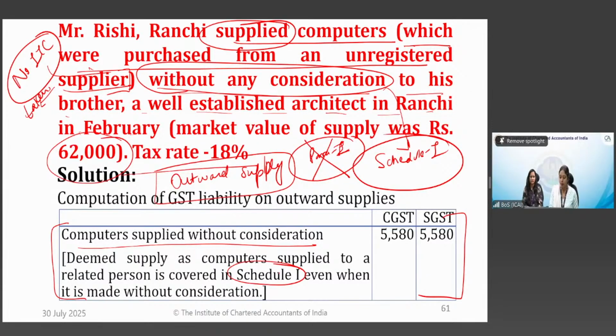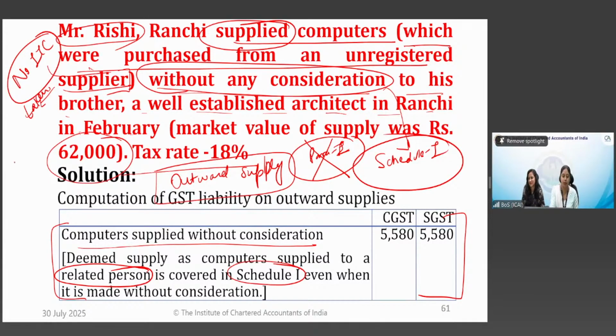Why? Because in para 2 we have to take the related person. Supplies should be made to a related person. Now here the supplies are not made to a related person. That is what Prashant has identified, that since brother is not dependent on Mr. Rishi, the definition of family is very important. Exactly.